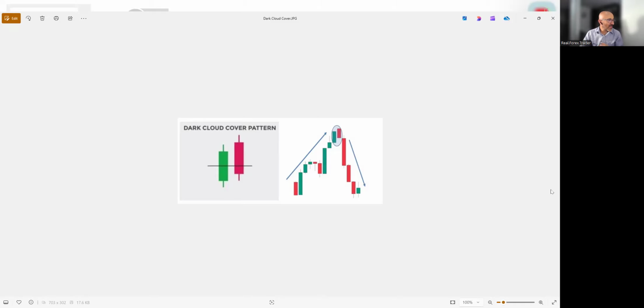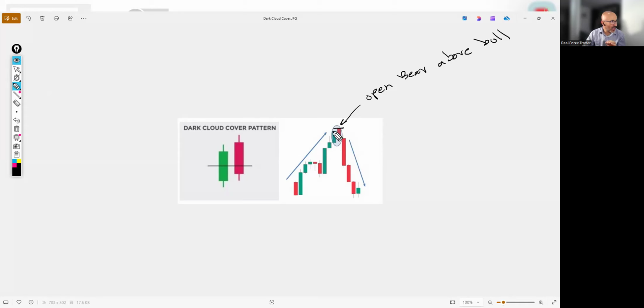As you can see here, the ideal scenario is to see that the bear candle's opening is slightly above the bull candle. You see? So here is the close of the bull candle.